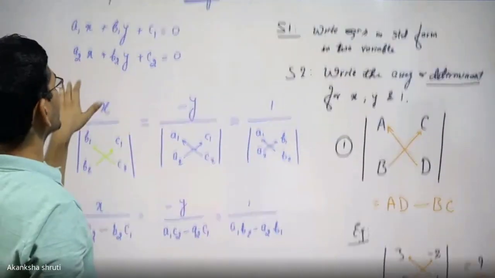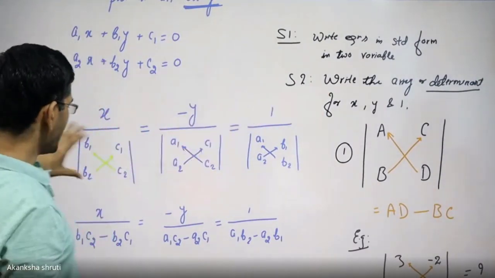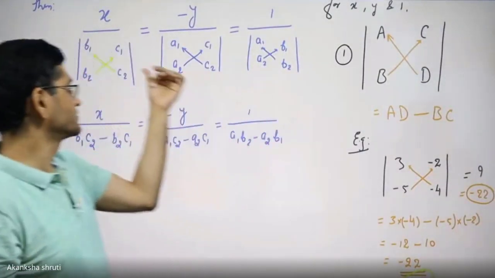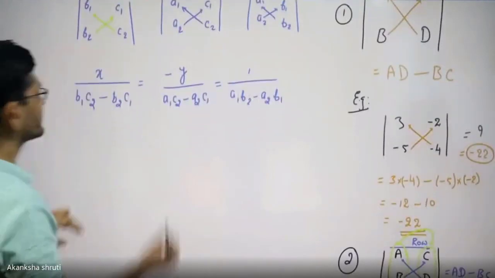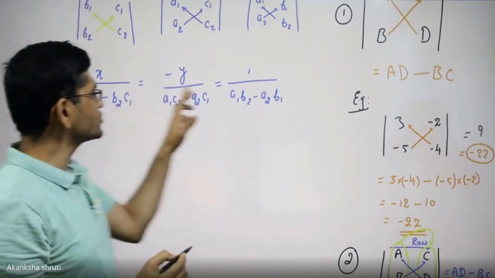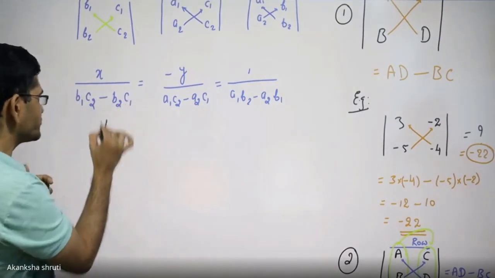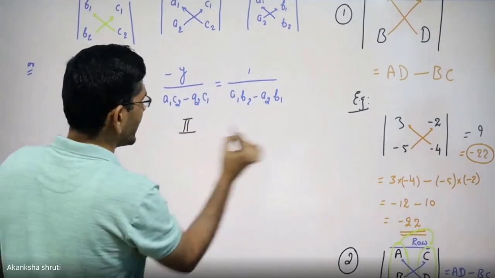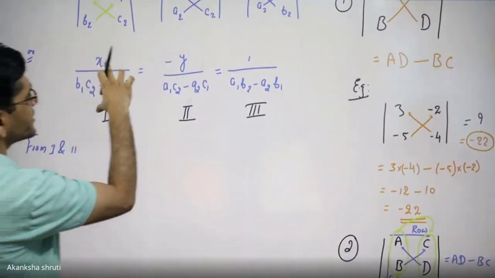So first you have to write the equation in the standard form in two variables, then write their determinant or array, then follow the rule of removing this determinant, that is the cross multiplication with their rows and columns. We are able to reach this. Students, from here keep in mind, we have two equal symbols. Means I can equate the first, second and third pairwise. Consider the first and third.